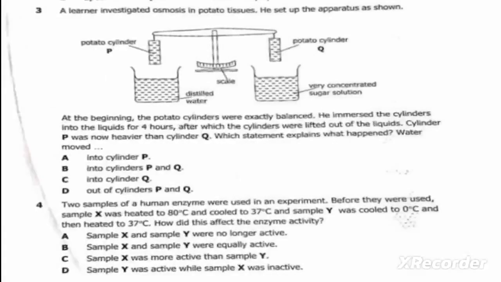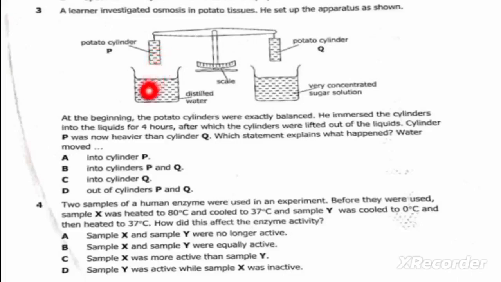Then a very concentrated solution is an example of a hypertonic solution. So if we immerse the cell into the hypotonic solution or distilled water, since the distilled water has more water molecules, water will move by osmosis into the potato cylinder.